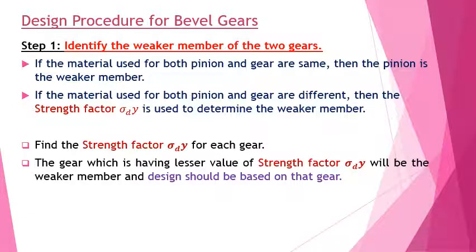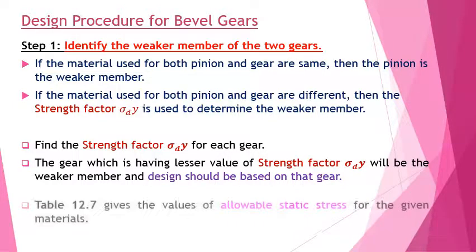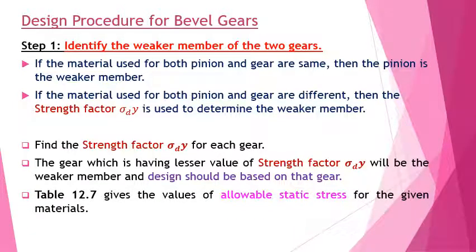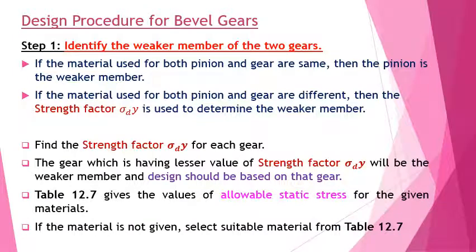So the gear which is having lesser value of the strength factor would be the weaker member, and design should be based on that gear. So same table number 12.7 can be used to select the values of the allowable static stress for the gear materials.